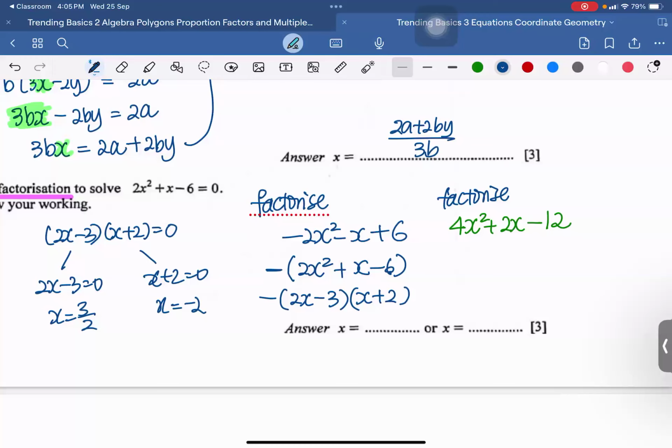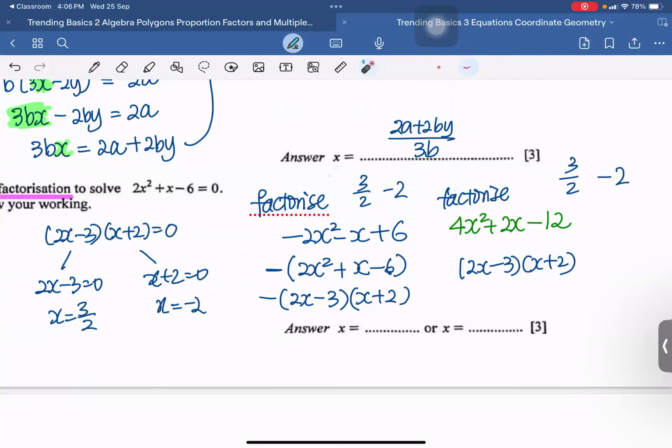Hello? Yes. So you get 3/2 and -2. Correct. Is it also the same answer as just now? If I do this, based on my 3/2, I'll get 2x minus 3, x plus 2 again. But check, is 2x times x, 4x squared? No, right? The calculator automatically reduces it to the simplest form.